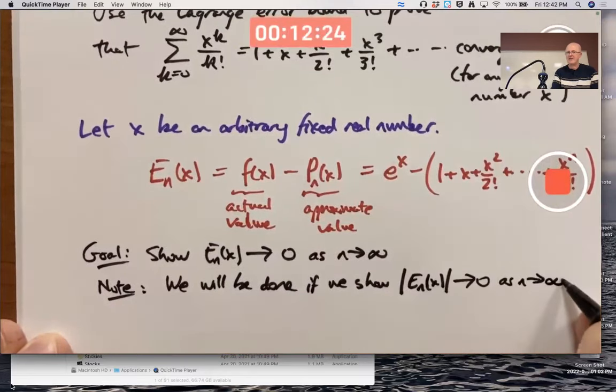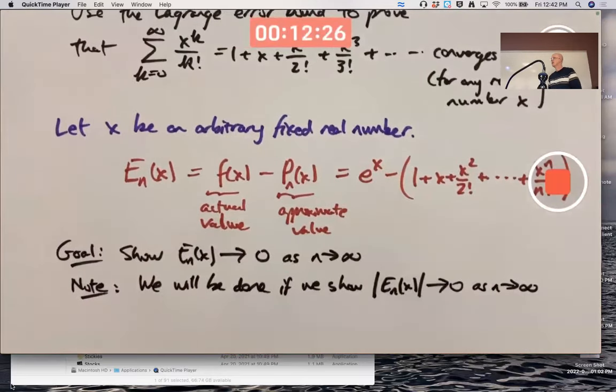If the absolute value of a number goes to 0, then the number itself is going to 0. Because if the number itself was not going to 0, like if it was going to negative 0.5, then its absolute value would not go to 0.